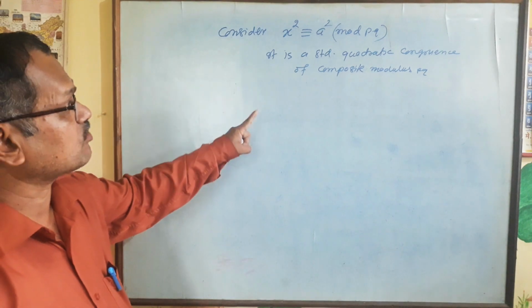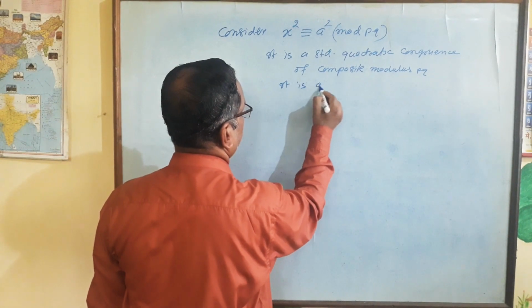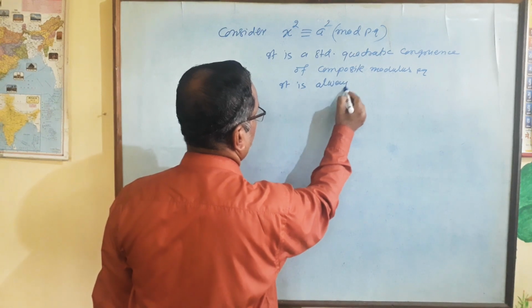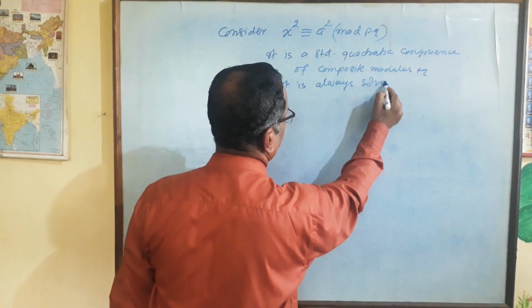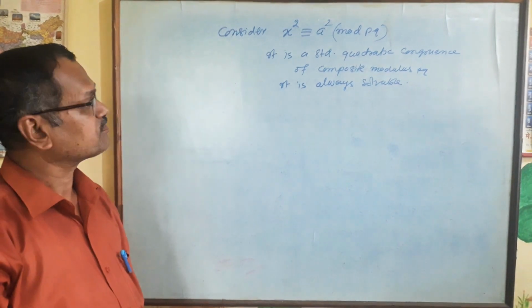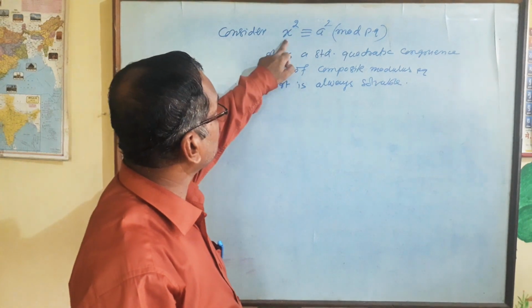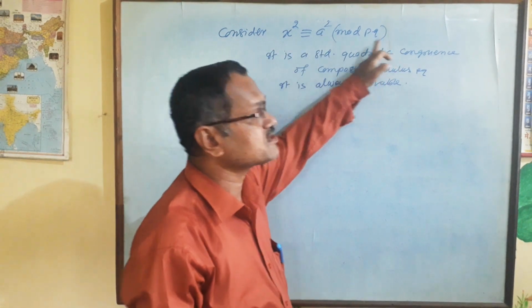It is always solvable. So what are the solutions? It means we have to find the values of x so that this congruence is satisfied.